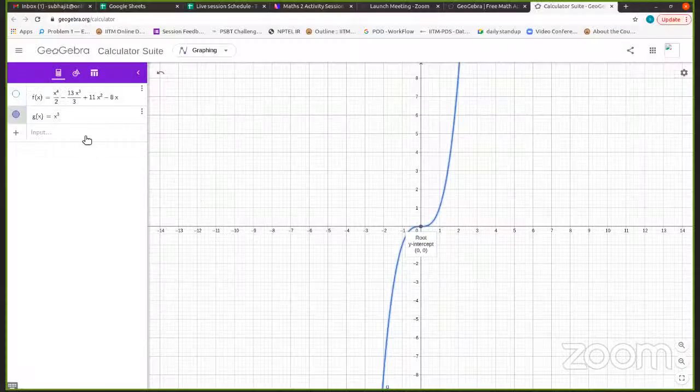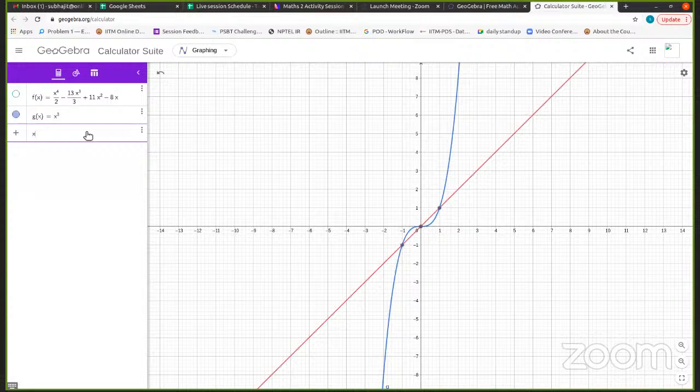Suppose, sir, somebody is taking the function y is equal to x square, it is a parabola which is touching the origin. At the origin, that is a turning point, so we can consider that point, right? Yeah, exactly. So that is not a saddle point.